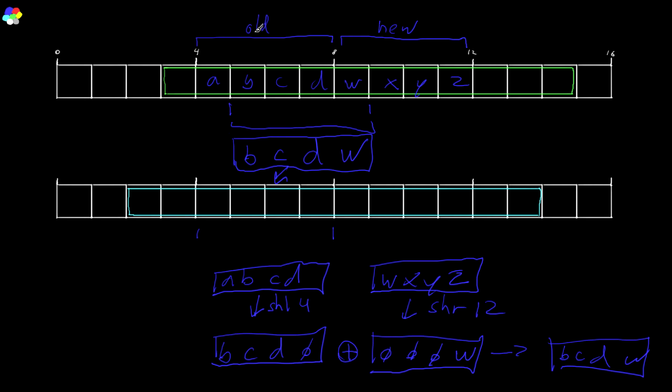Then this, we don't need this anymore. New becomes old, and your next 4 pixels are now new, and you do it again here. And you just keep going along until you get to the end. Now, the beginning and the end are a little different.